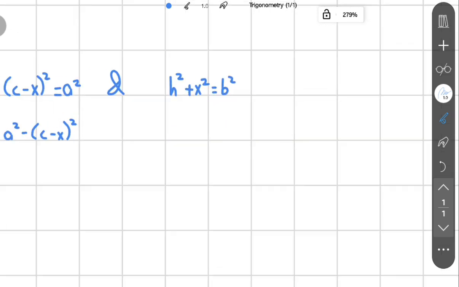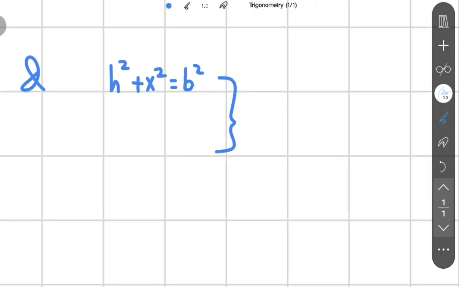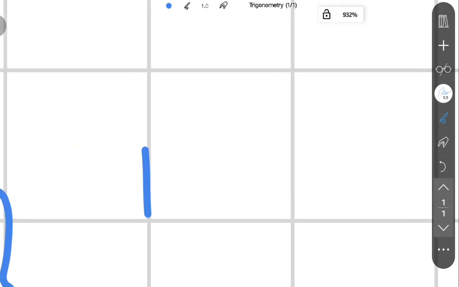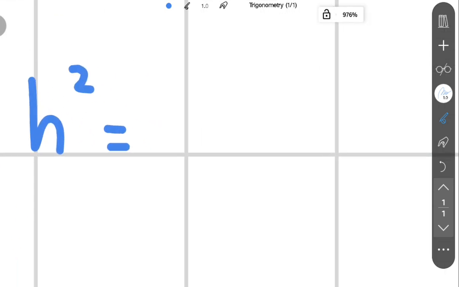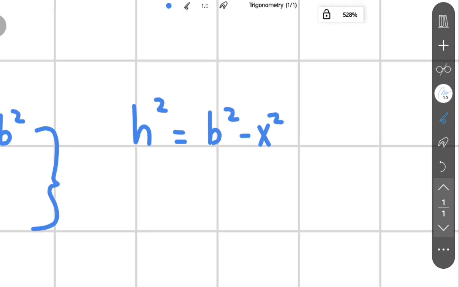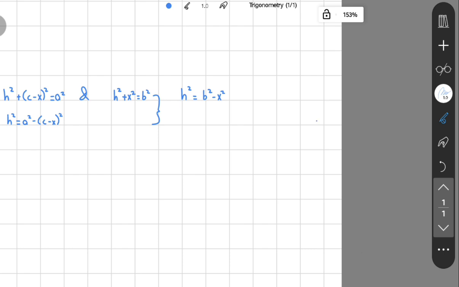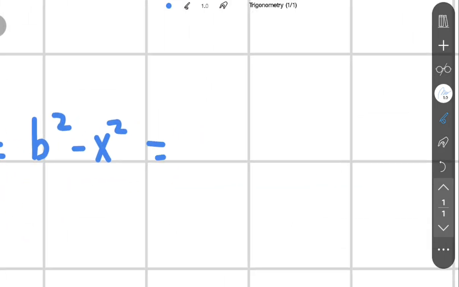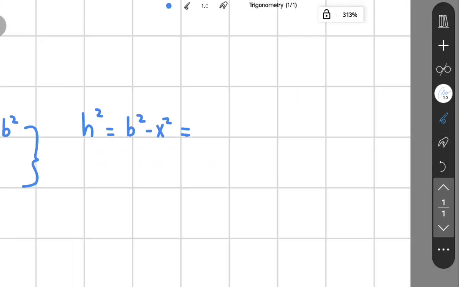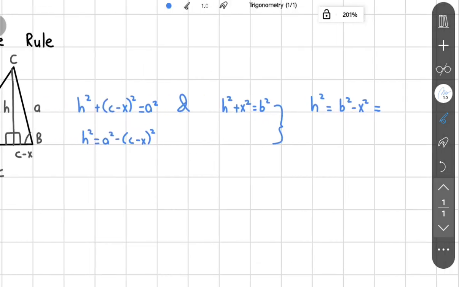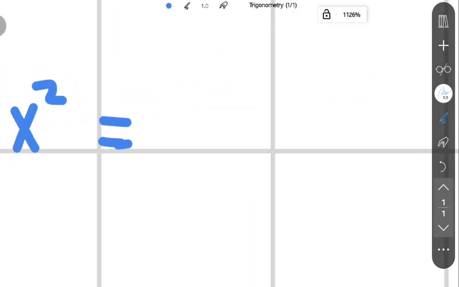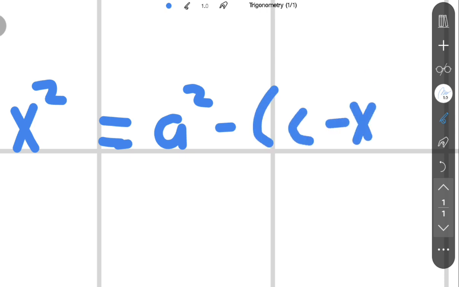In the end, I'll have h squared equals b squared minus x squared, and this is also equal to a squared minus c minus x all squared.